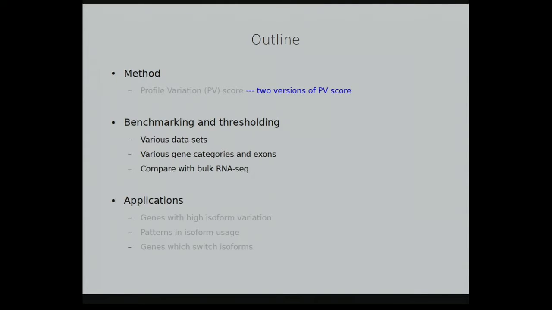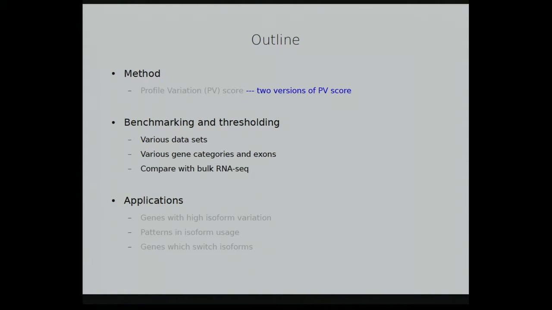And then we actually did quite extensive tests to show that this score works. So I compared the PV scores from different data sets. Also, I took different gene categories, including exons, and calculated the PV scores to see how different they are.